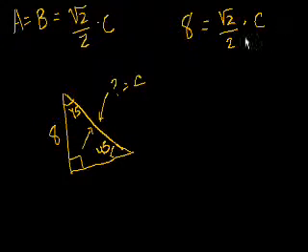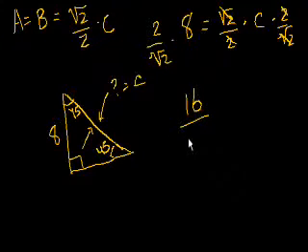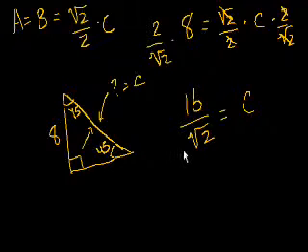So if we multiply both sides of this equation by 2 times the square root of 2, I'm just multiplying by the inverse of the coefficient on c, then the square root of 2 cancels out that square root of 2, and this 2 cancels out with this 2. We get 2 times 8, 16, over the square root of 2 equals c, which would be correct.